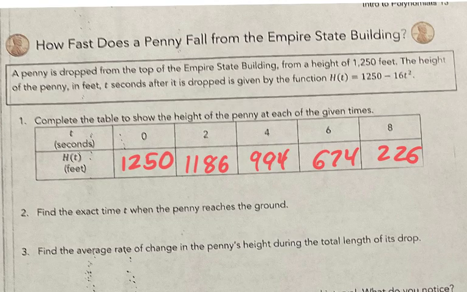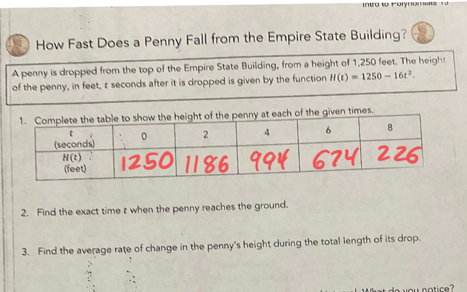Make sure this screen, everything's cleared, and none of your plots are selected at the top. So this would be 1250 minus 16 x squared. The x button is right beside alpha: X, comma, t, comma, theta, comma, n. Is that good?